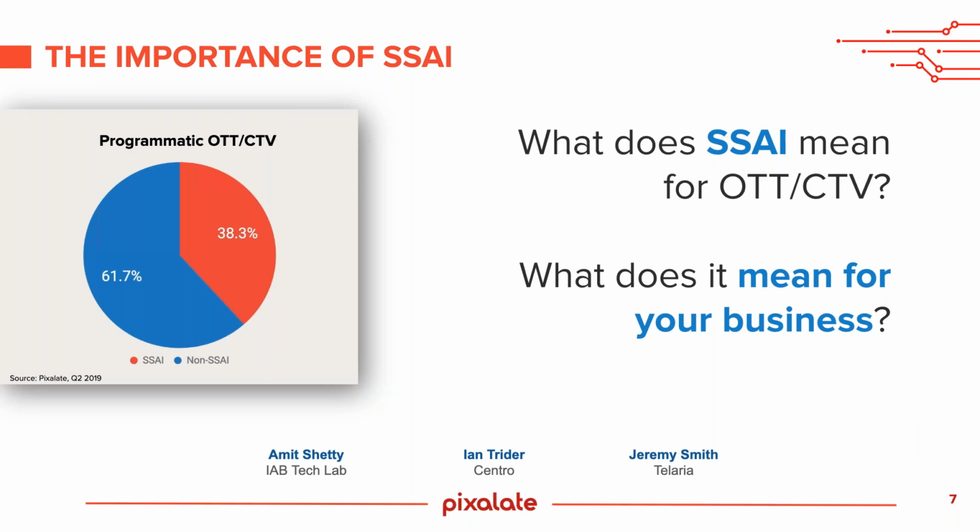Yeah, and I think this is Jeremy. So I think for Telaria, we really sit between the buyer and the seller, right? So when we onboard our publisher partners onto our platform, they go through a pretty rigorous onboarding process where we ensure that if they're using SSAI, first we identify that in the platform so that we can expose it in the bid request so that we're fully transparent, but that we also ensure that they're passing the client-side information. So we know with SSAI, there's a need to use things like X-Forwarded-For and X-Device to pass client IP and client user agent.